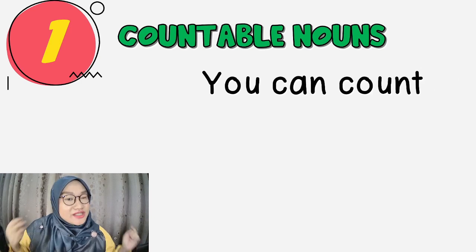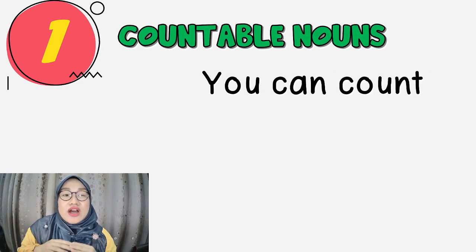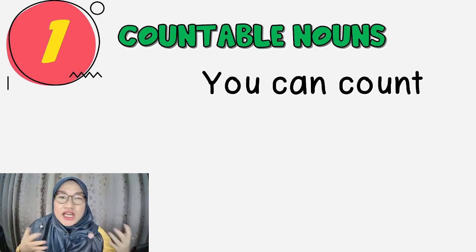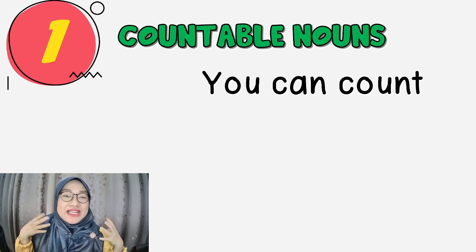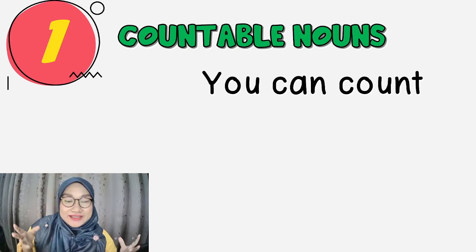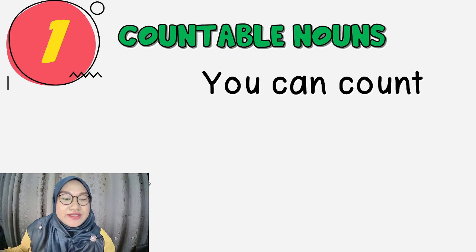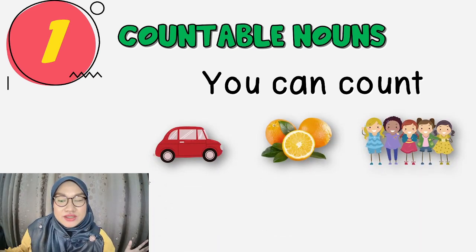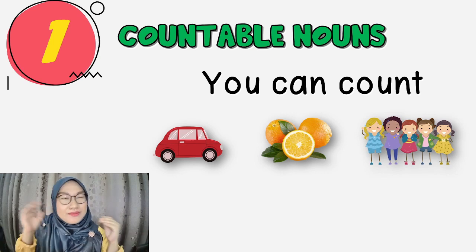As the name suggests, countable nouns are all the nouns that you can count. Benda, orang, haiwan, makanan, everything that you can count. For examples, car, orange, people, and many more.